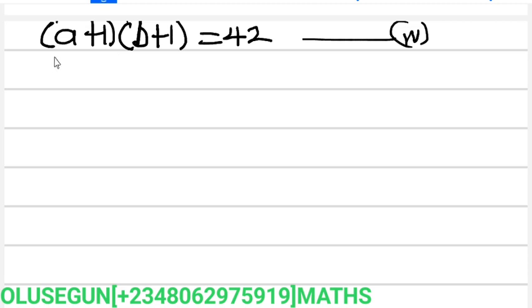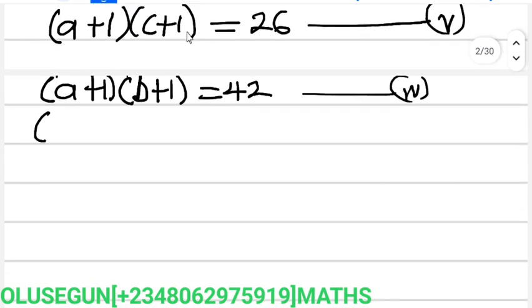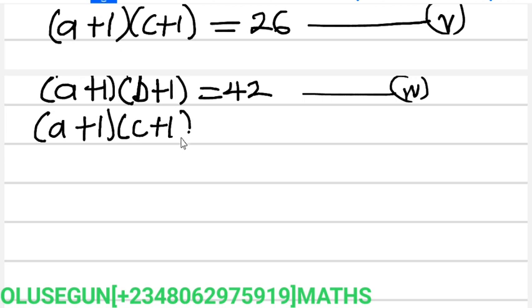Equation 5, let me rewrite it: a plus 1 times c plus 1 is equal to 27.